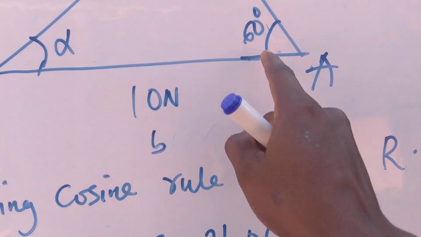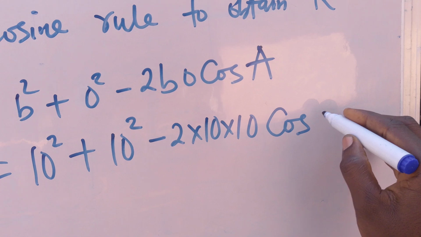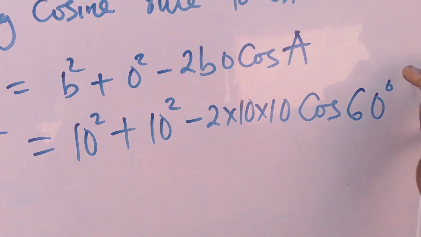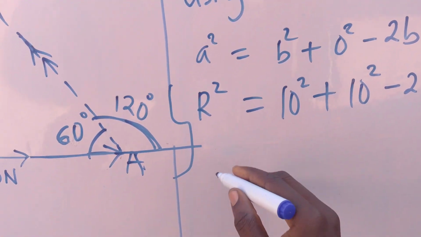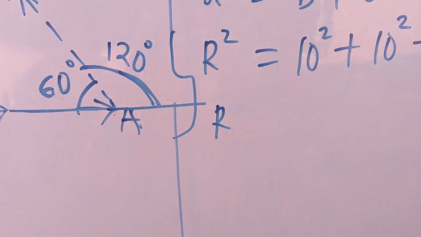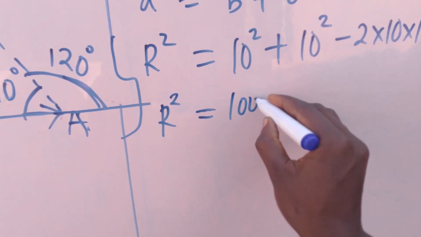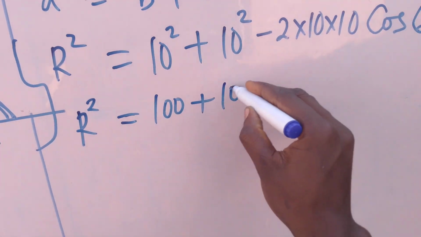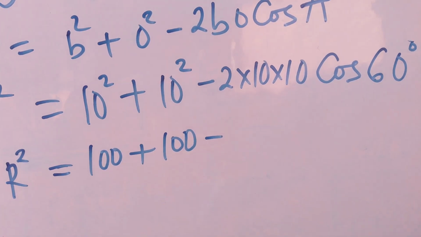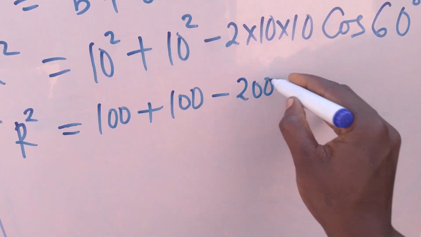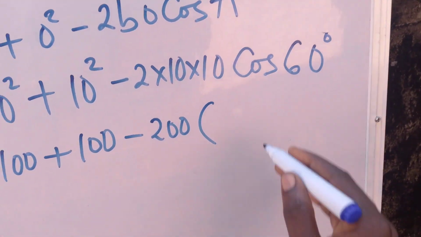Now the angle at A is 60 degrees, that's cos 60. Then I'll have R square equals 10 square is 100, and 10 square is also 100, minus 2 times 10, 20, times 10 is 200, 200 cos 60, and cos 60 is 0.5.